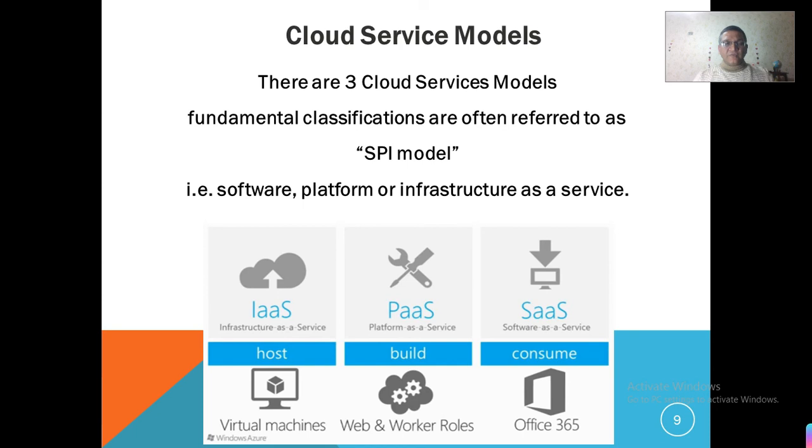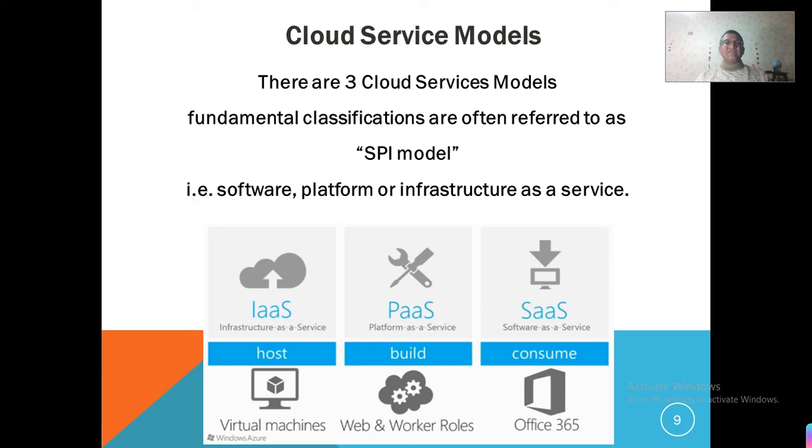If you look at who are the users or the concerned persons directly linked with this kind of service model, I can say IaaS is linked with the admin person, the IT guy who is administrating or managing the entire structure or network of any organization.